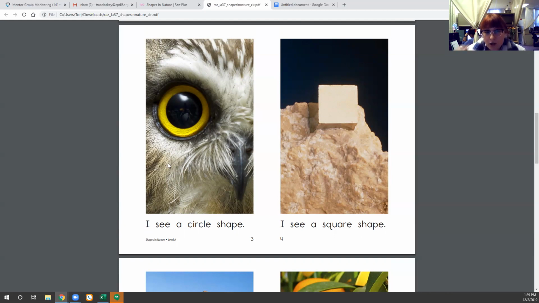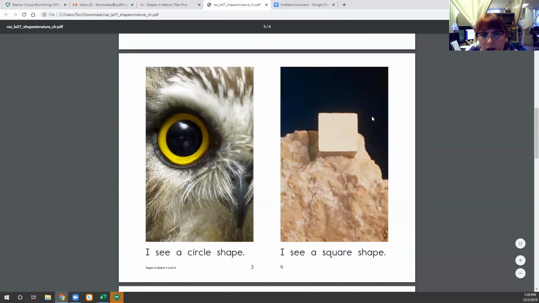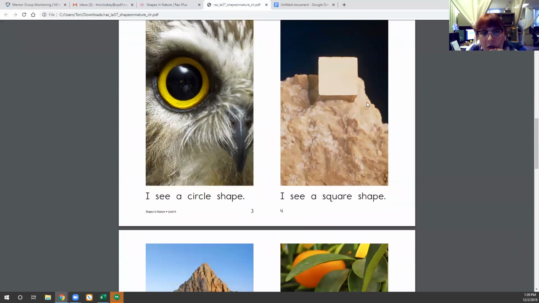So I want you to close your book and cover up the picture on page 4. Don't look at it. And I'm going to read the text, and I want you to visualize what the picture might be. So I see a square shape. That is the text.